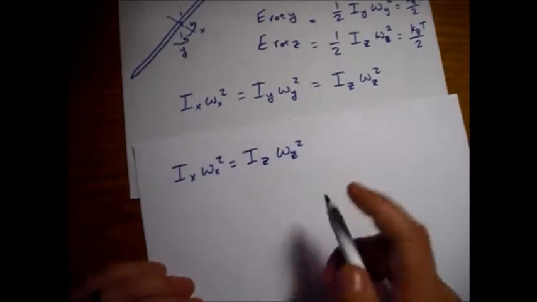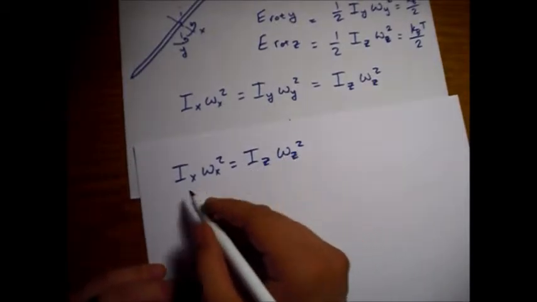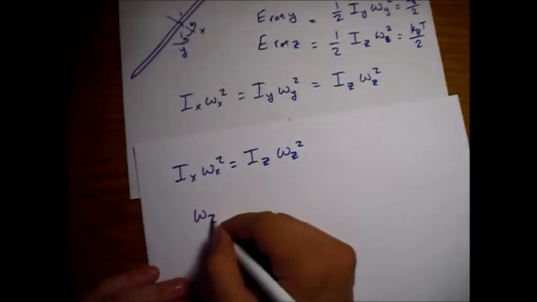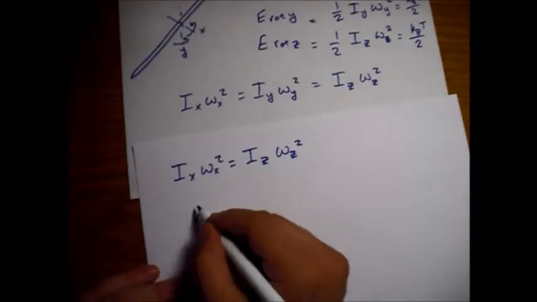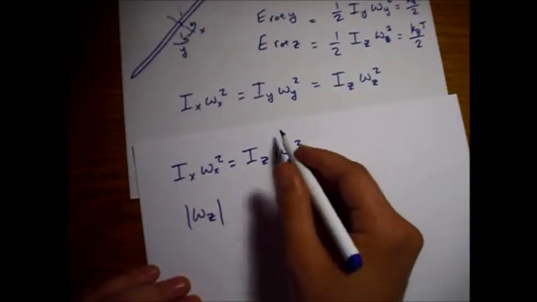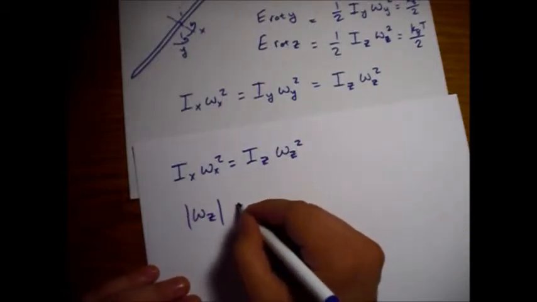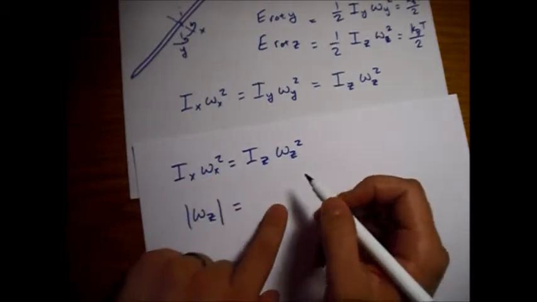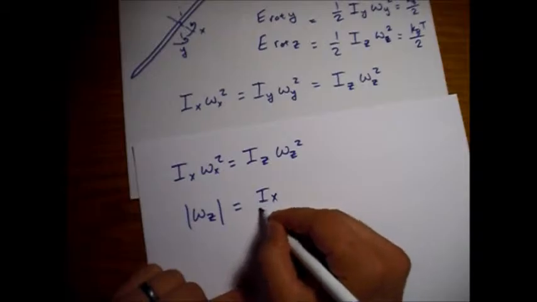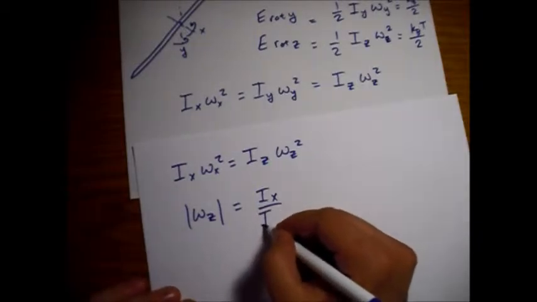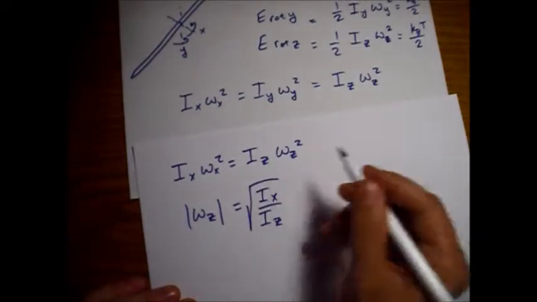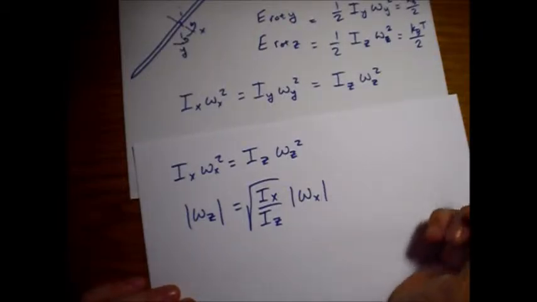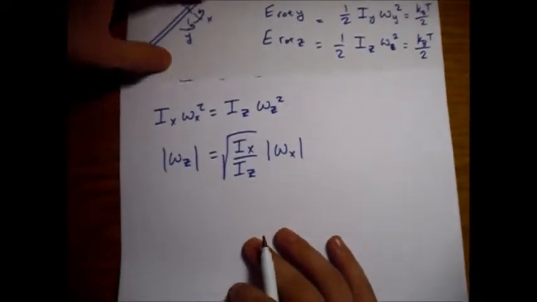If we solve this for omega z, I'll put this in absolute value signs because we're taking the square root of a square. We'd get the square root of I sub x divided by I sub z, multiplied by the absolute value of the angular velocity in x.